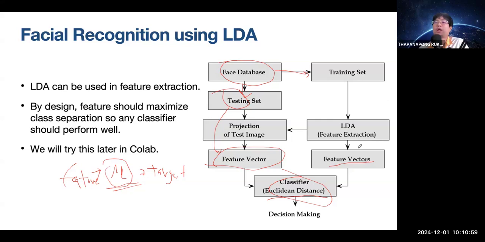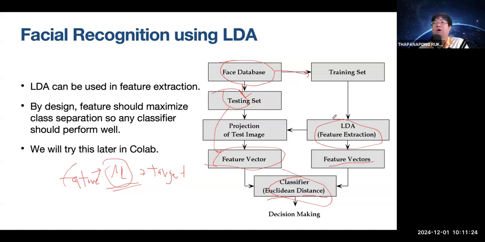But for LDA, you don't have to do the scaling because it's part of the algorithm, and then you can get the feature vector directly. And your classifier can just be nearest neighbor, a very simple classifier, because you actually did a lot of analysis in the LDA.